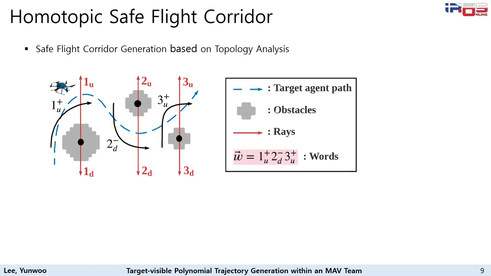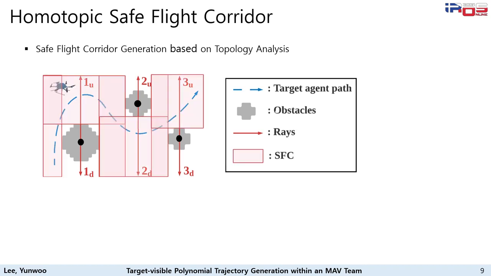Then we assign a plus or minus sign to the superscripts of the letter depending on the direction in which the path traverses the corresponding rays. For example, we write a letter 1U plus because the path crosses the ray from left to right, and we concatenate all letters and make a word.